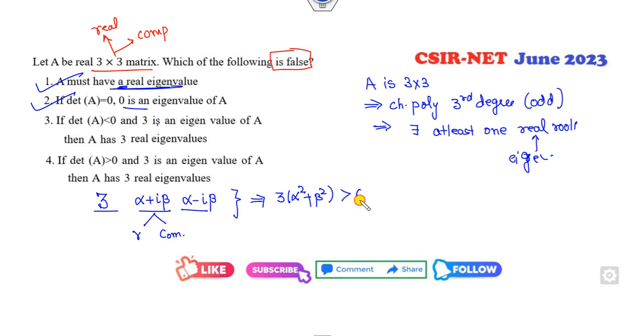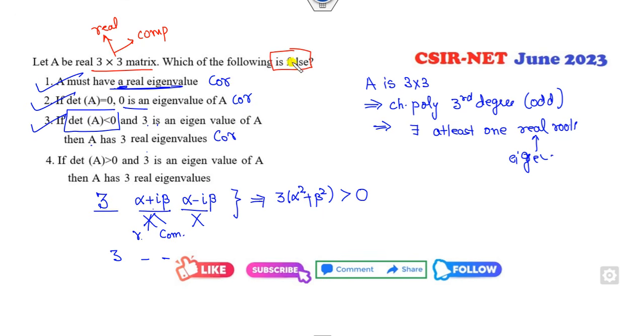It is always greater than 0, but we need less than 0. So that means 3 is the eigenvalue. Then A having complex eigenvalues can never be true. That means all these eigenvalues are real eigenvalues. That's also the correct statement.